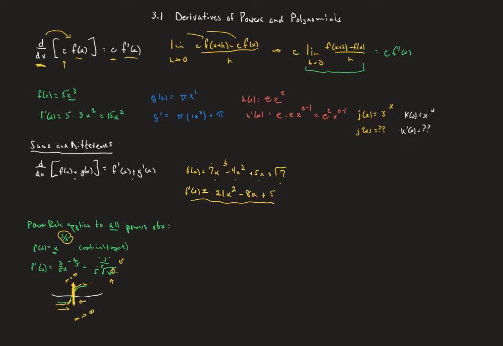So if we have something like, say, g of x is equal to x to the 4/5, remember we said even over odd, where the exponent is between 0 and 1, is supposed to be a cusp. So let's see how we can tell it's going to be a cusp from its derivative.